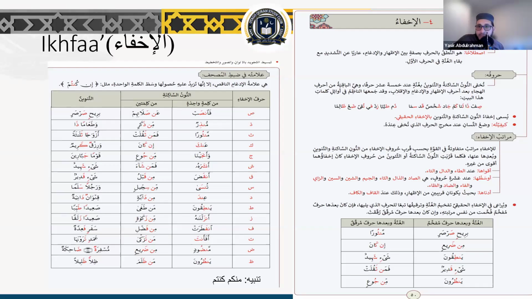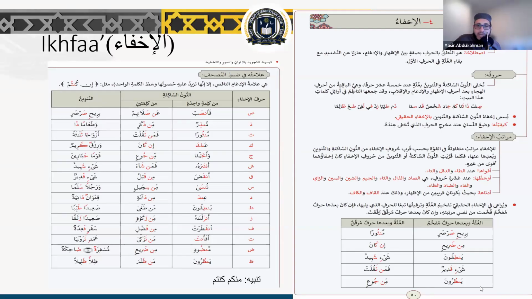Could you repeat which page we are on? So the ikhfa starts from page 146 onwards. So initially we did page 146, then we did page 148. Page 147 is the examples which we will do now, inshallah.